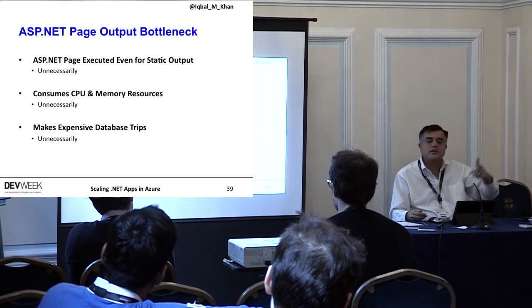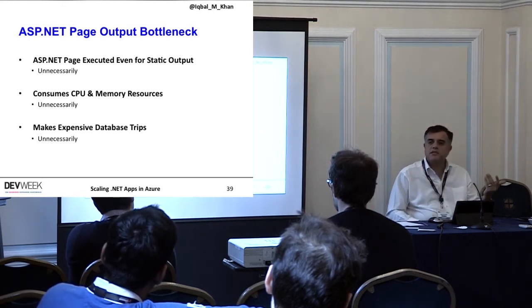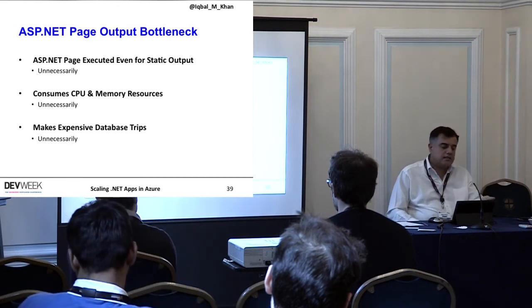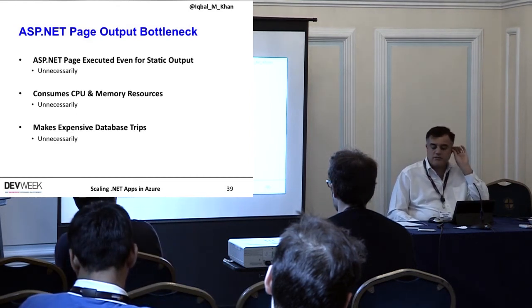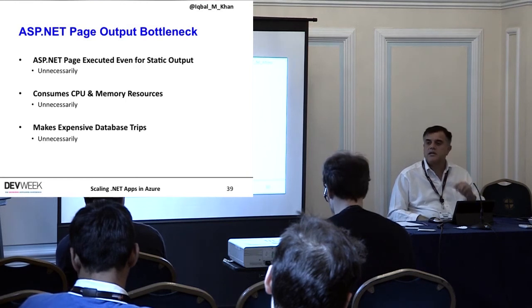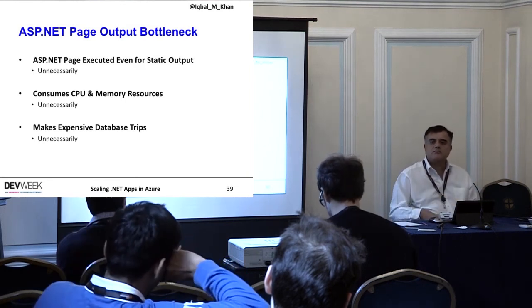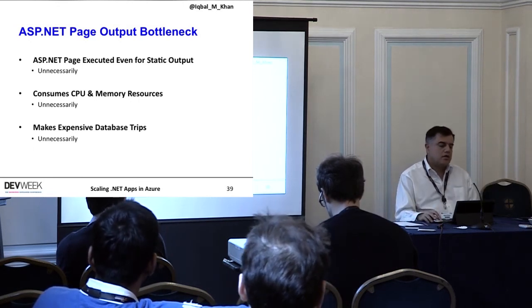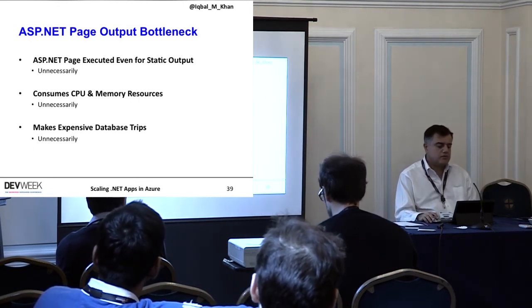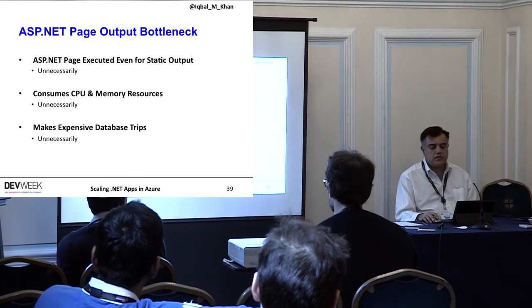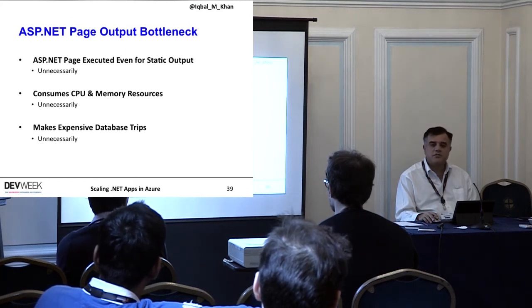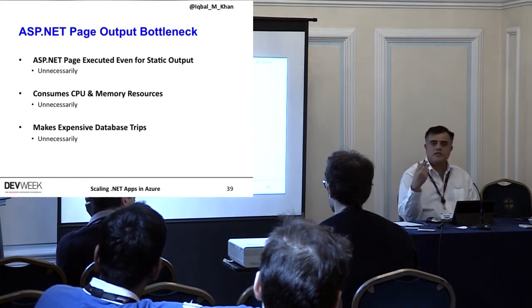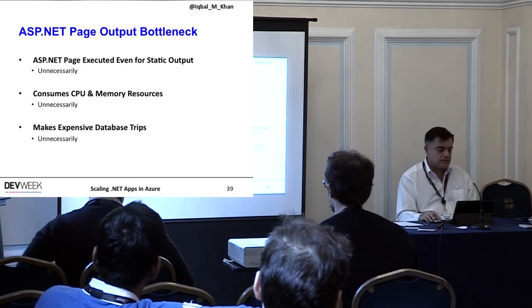Then for that parameter at least, you can cache the page output and then use it. There's an ASP.NET output cache framework already provided by Microsoft. Plug in distributed cache in place of it so that it's available across multiple servers. It's much faster, consumes less resources to just fetch the output than to re-execute the page.